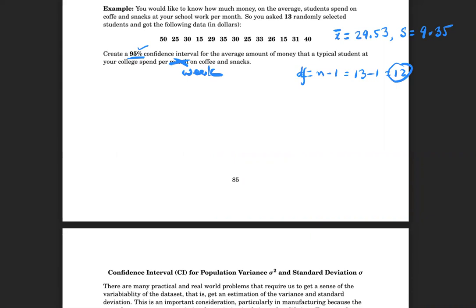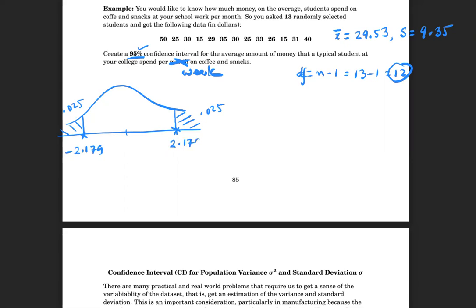Now what we do, we sketch it. 0.025, 0.025, right? And Mijane, did you find this value from the table by chance? Yes, I got 2.179. Yeah, I remember the value. I think that is about correct, if I recall it correctly.